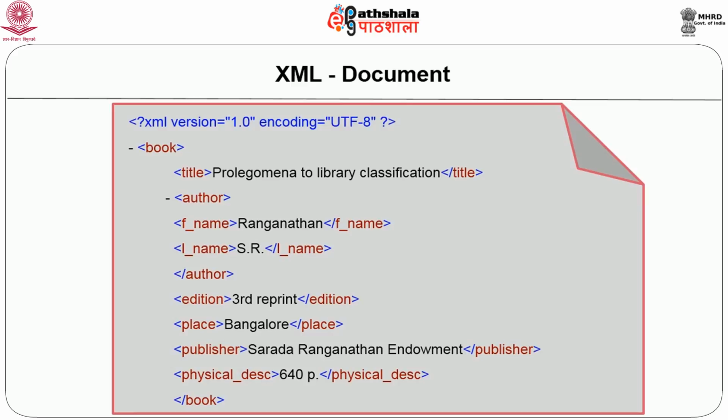How do I tell this is an XML document? By putting angle bracket, question mark, xml version equal to 1.0, then the encoding standard, UTF-16 or UTF-8. When I mention this first line, the machine understands, oh, what is coming now is an XML document. Now, once it understands it's an XML document, it will look for the tags.